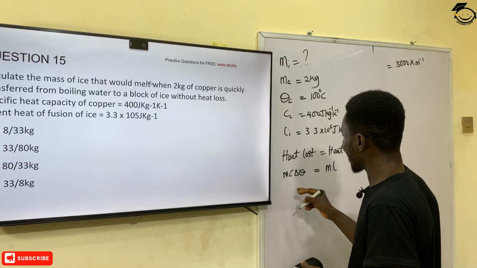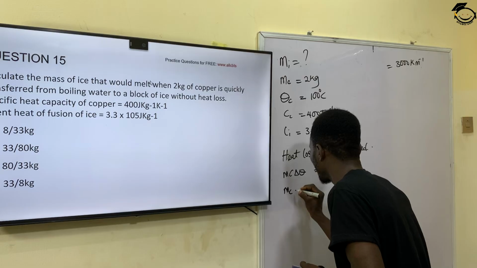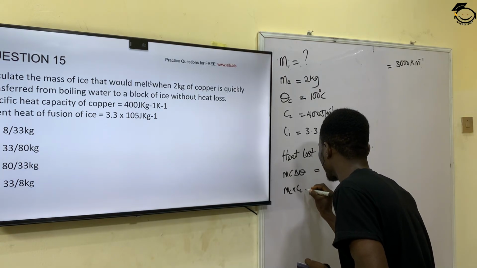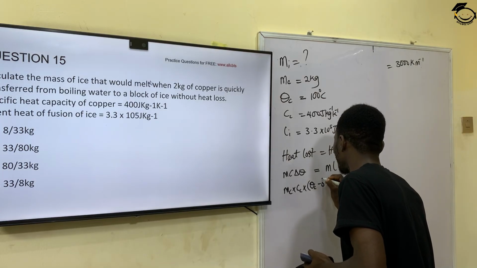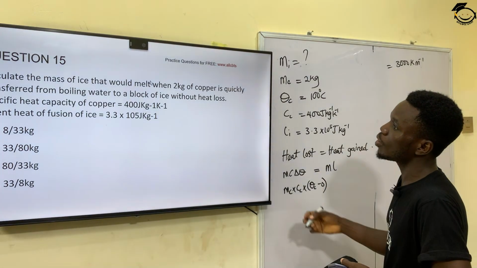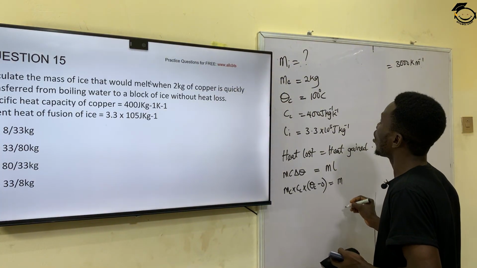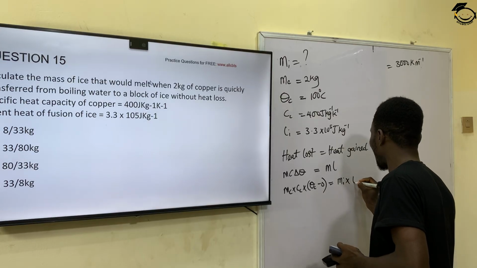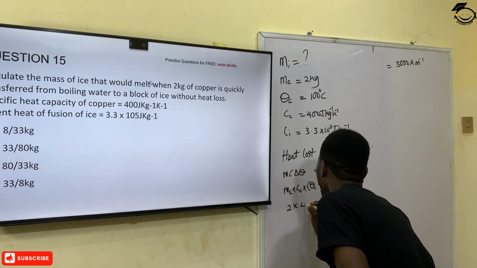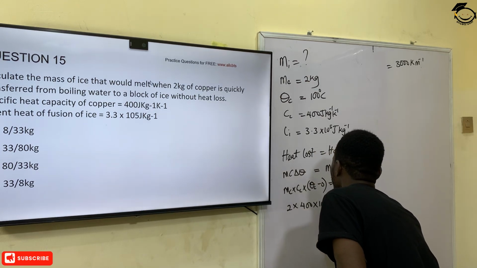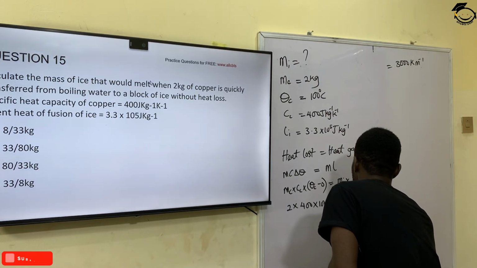So this means that here I'll be having mass of copper times specific heat capacity of copper times my change in temperature, here will be temperature of the copper minus 0, because it was transferred to a block, which was what? 0. And this will give me the mass of the ice times the latent heat of ice. So this means that I have 2 times 400 times 100 is equal to mass of ice times 3.3 times 10 raised to power 5.